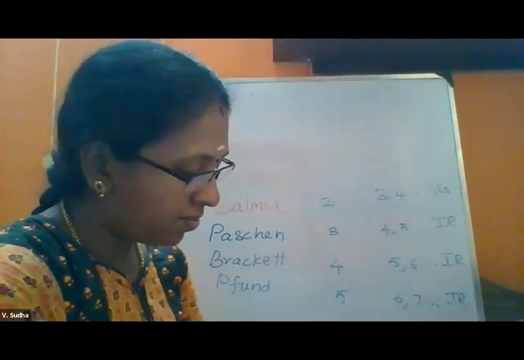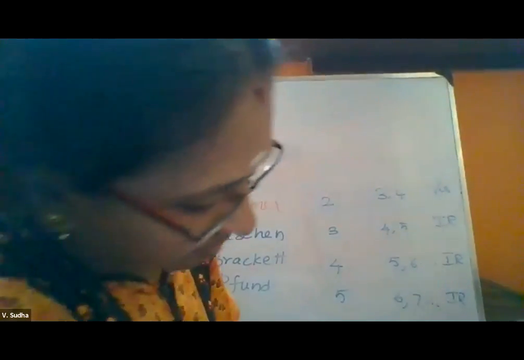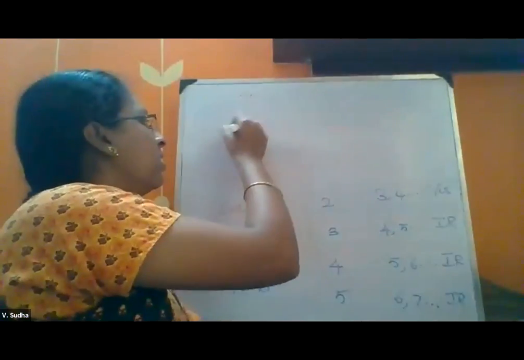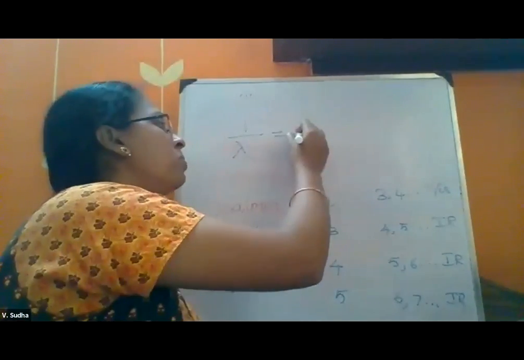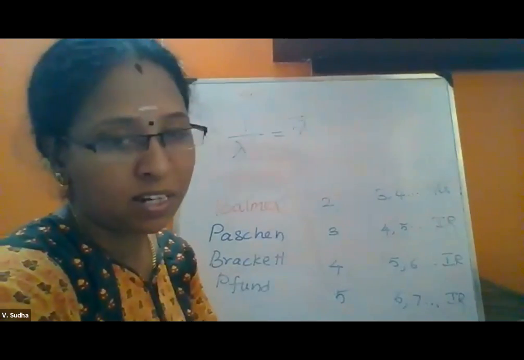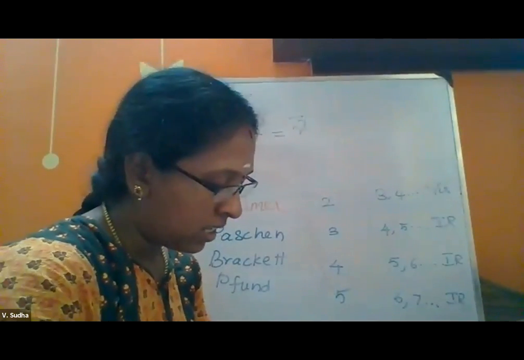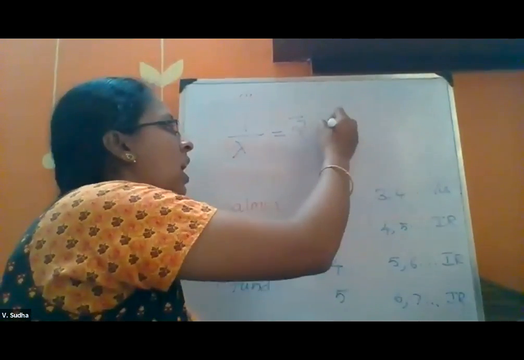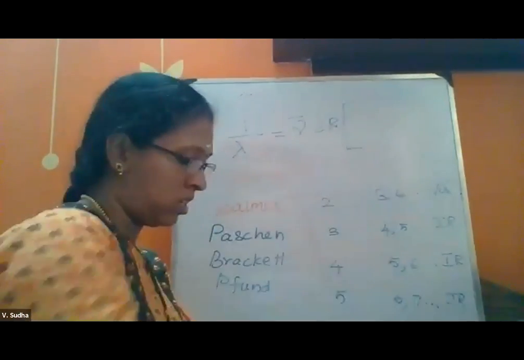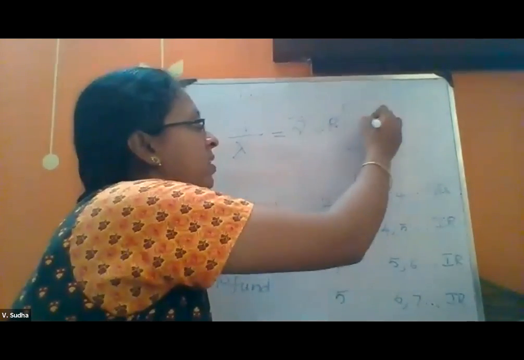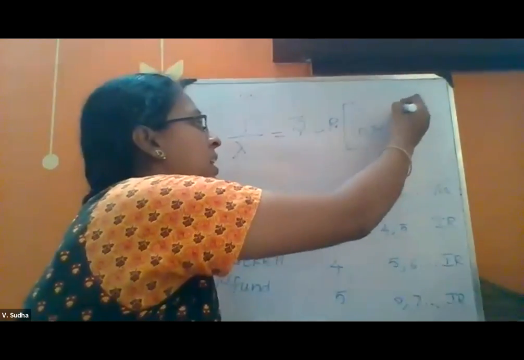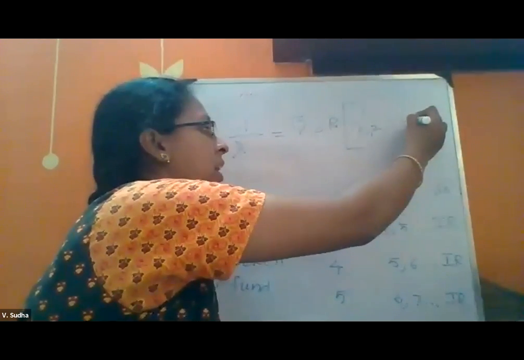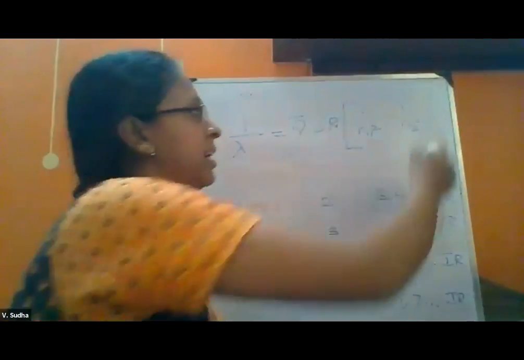This is one important formula. 1 by lambda, which is nothing but mu bar, is equal to R into 1 by n1 square minus 1 by n2 square into Z square.